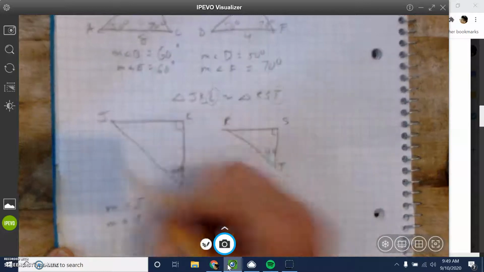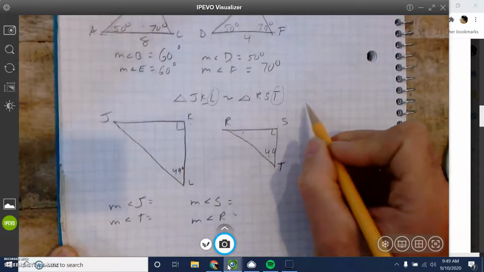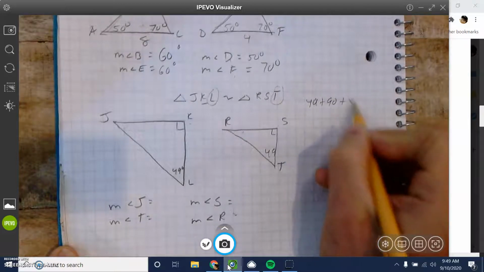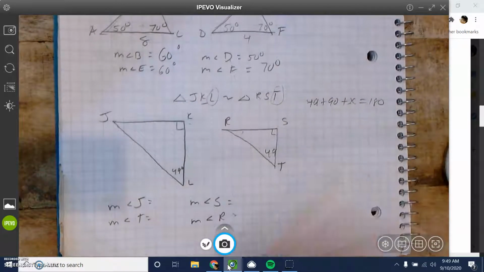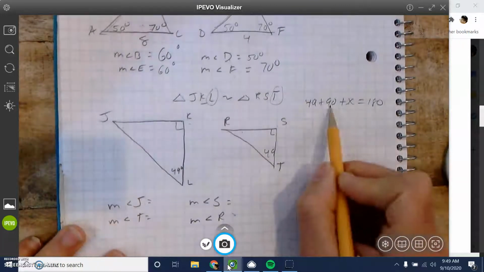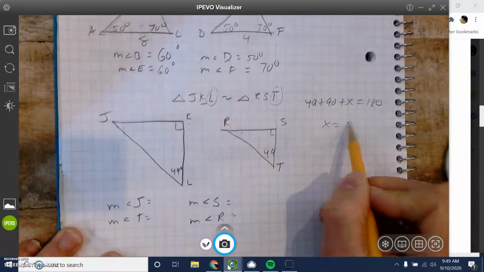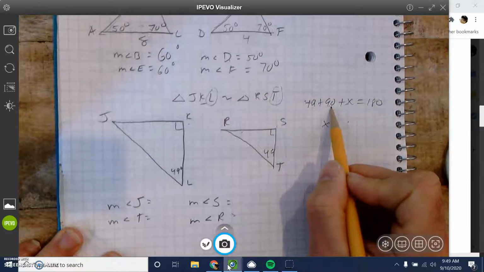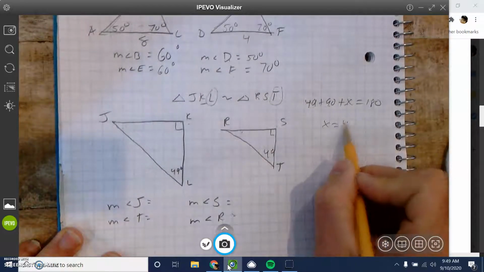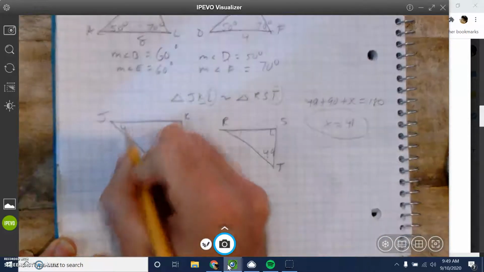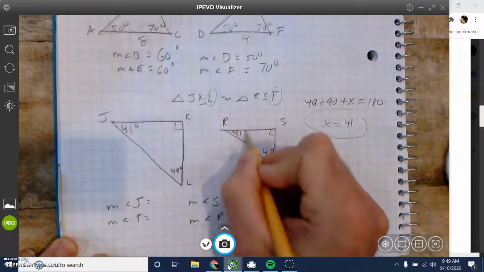So I need to figure out what that is, because all the angles in a triangle add up to 180. So 49 plus 90 plus X equals 180. All three angles equal 180 degrees. So solve it, what do you get? 139, so X is 41 degrees.